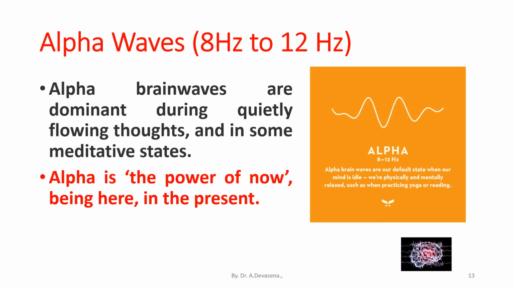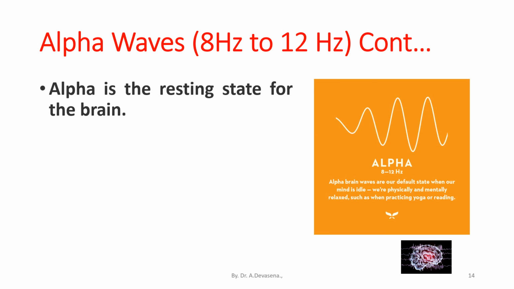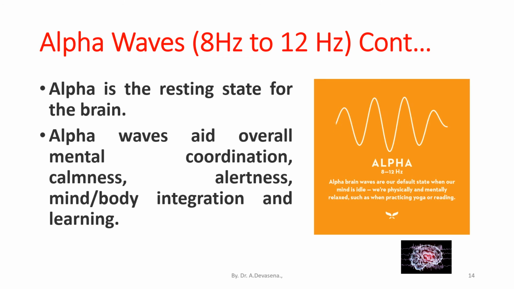Alpha is the power of now, being here in the present. Alpha is the resting state of the brain. Alpha waves aid overall mental coordination, calmness, alertness, mind-body integration, and learning.